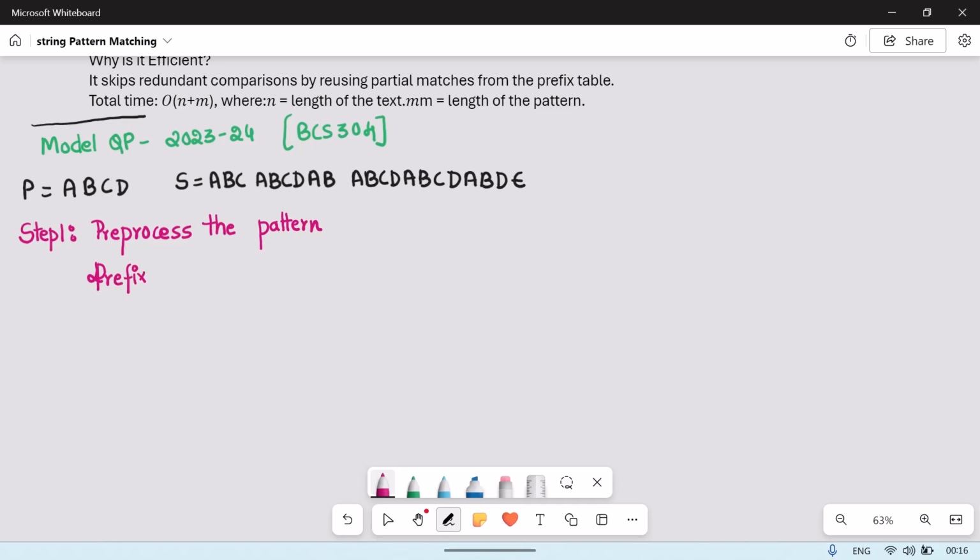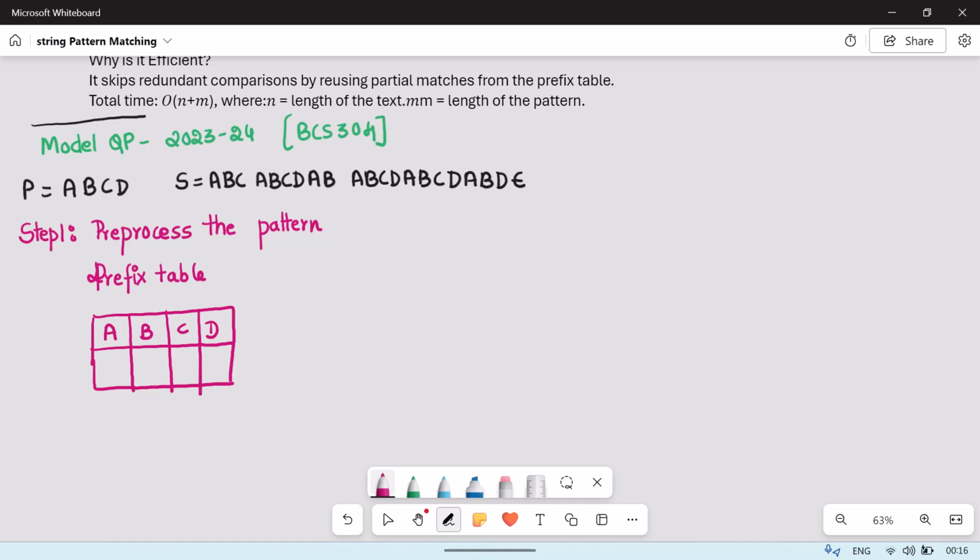What you are supposed to do is take this pattern and go through it one by one. So A, B, C, and D. A, B, C, and D.